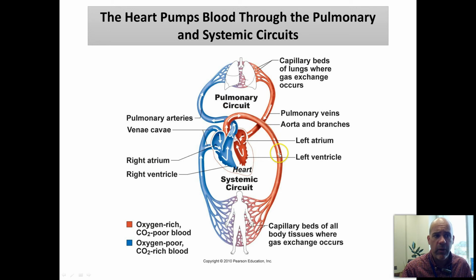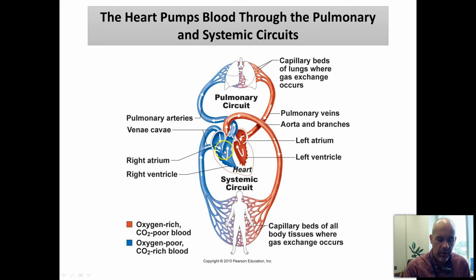They get lower and lower as you approach the capillary beds. Pressure gets lower across the capillary beds as you enter the venules, the smallest veins, and then the veins. Pressure keeps dropping until you get back over here to the right atrium. So that keeps the blood flowing. Those pressure drops keep it flowing in one direction.